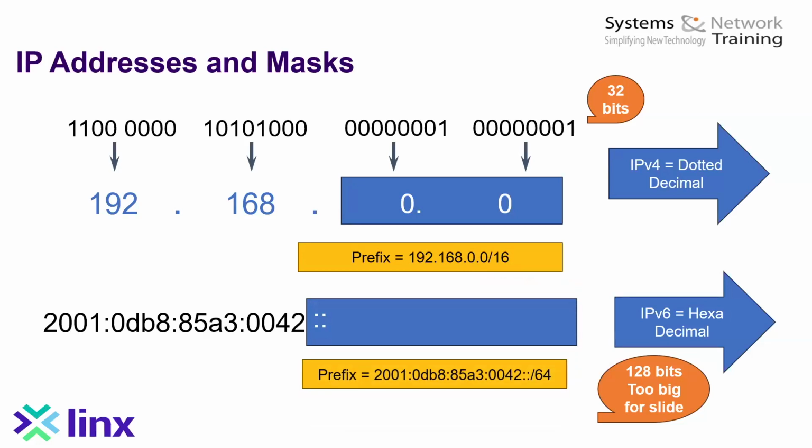And we end up with an IP version 6 prefix, which is now just this bit here, 2001, etc., up to this point here. That's what we can see here, and then double colon, and then 64 for the size of the mask.